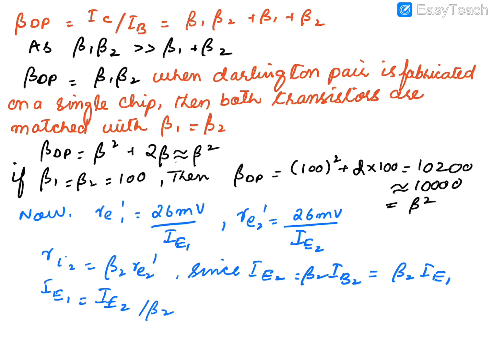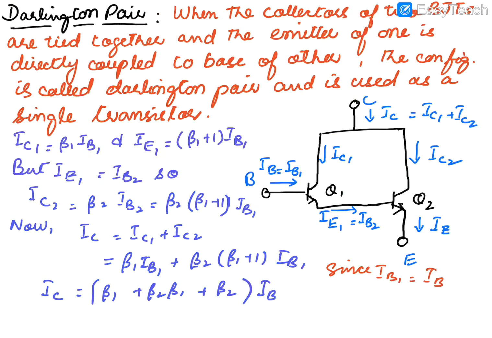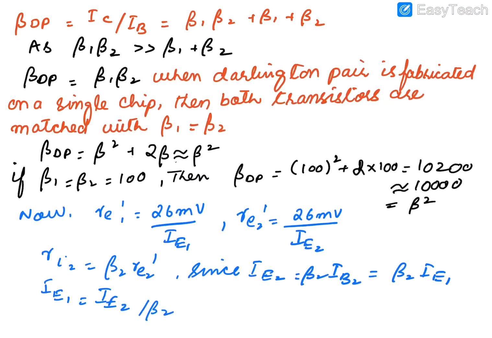So the beta of the Darlington pair will simply be this value, as we divide IC by IB. So beta of Darlington pair will be equal to beta 1 plus beta 2 plus beta 1 times beta 2. As beta 1 beta 2 is much greater than the other terms, approximately the beta of the Darlington pair will be equal to the product of both betas, beta 1 and beta 2.